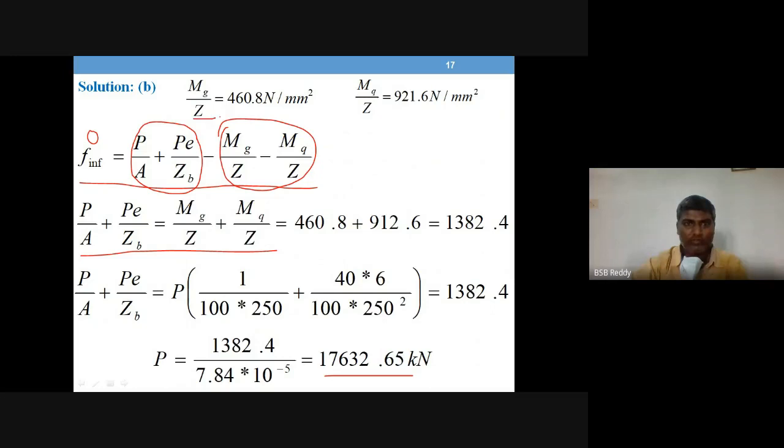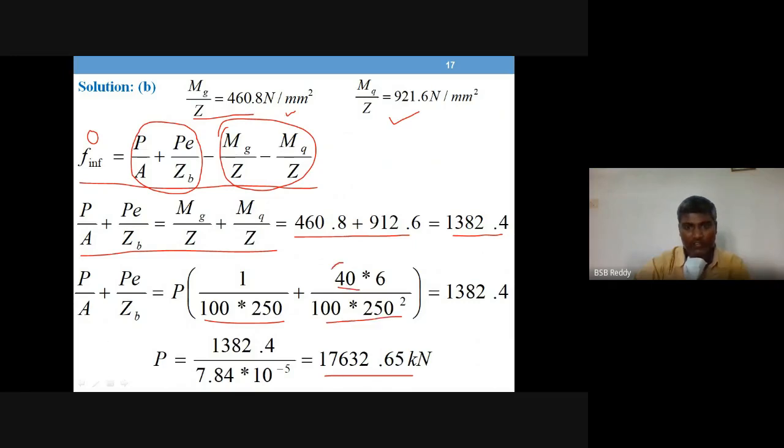So you know M by Z means stress from dead load, stress from live loads already calculated. Use the same values and just keeping P unknown, remaining all known values. This is the total stress at the right hand side. Left hand side, take P common, 1 by A remains and E divided by Z remains.